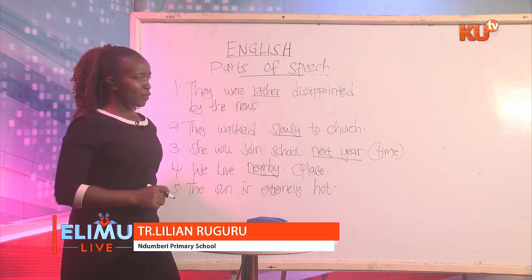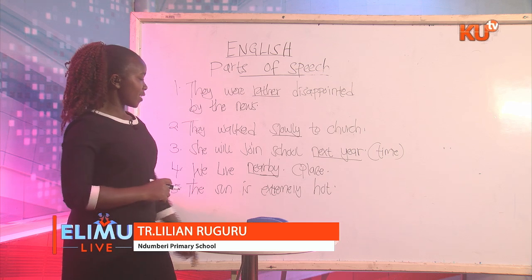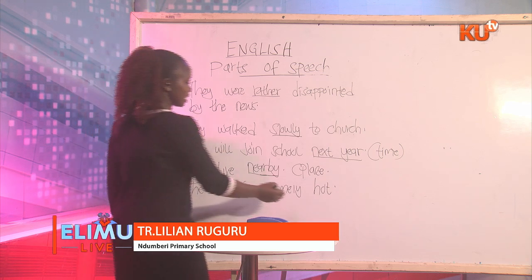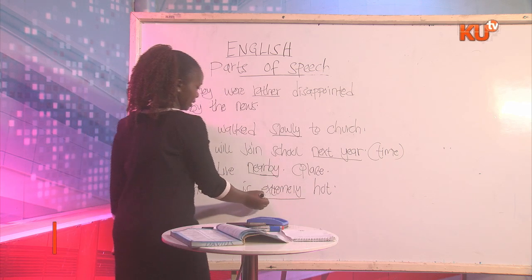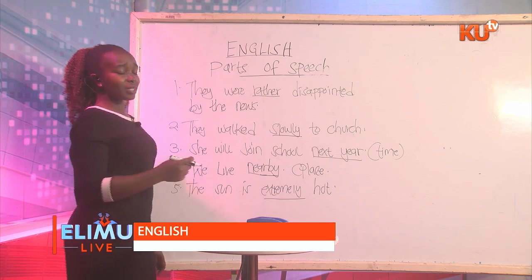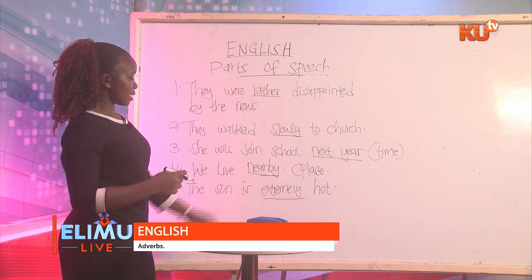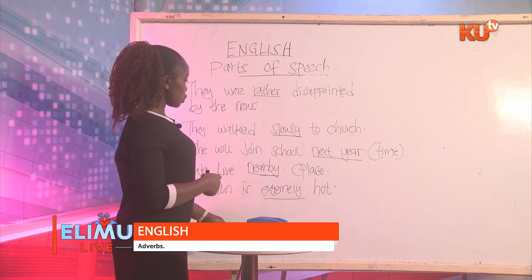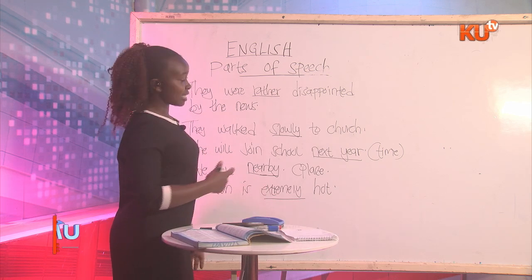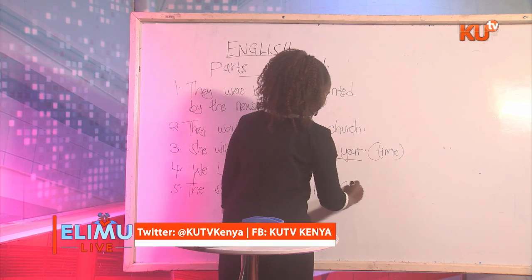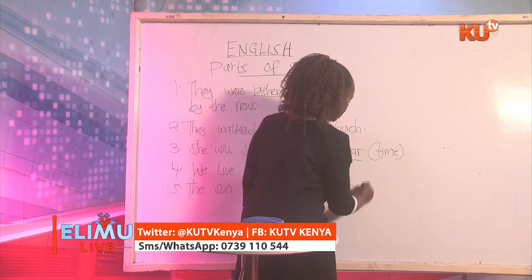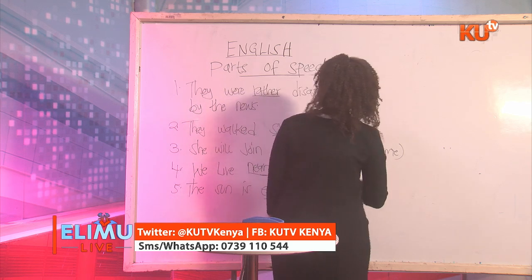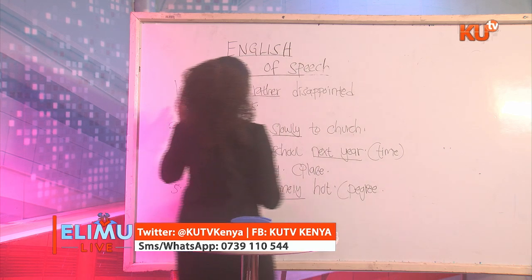So our adverb here is extremely. The extent to which the sun is hot is extremely. And we said that the adverb that shows to which extent, that is an adverb of degree.